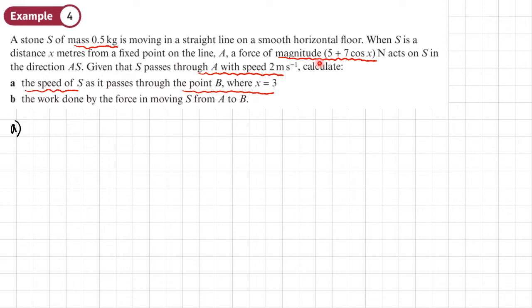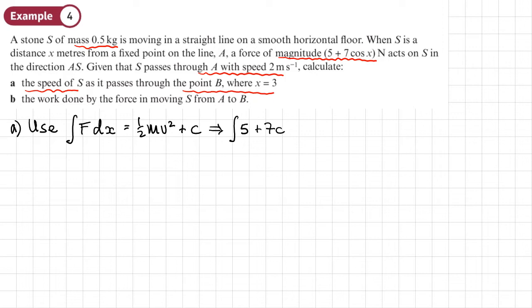So looking at this question, I can see that the force is a function of displacement, so that means that I'll be using the integral of force integrated with respect to x is equal to half mv squared plus c. Substituting that in, we're going to be integrating 5 plus 7 cos x dx is equal to half times by the mass, which is 0.5, v squared plus c.